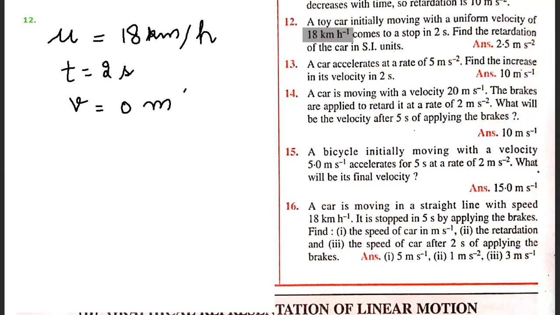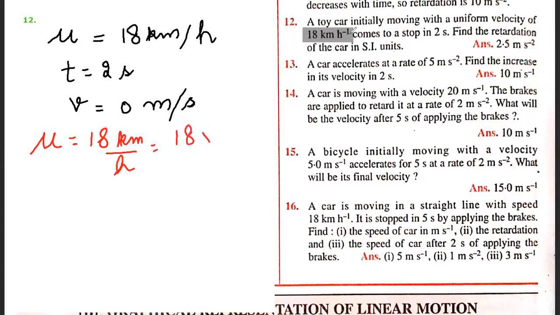Children, I'll write down velocities in terms of meter per second, since time was given in seconds, and in the question they are saying find the retardation in SI units. So the SI unit of velocity is meter per second. So our first step is to convert 18 kilometer per hour into meter per second.